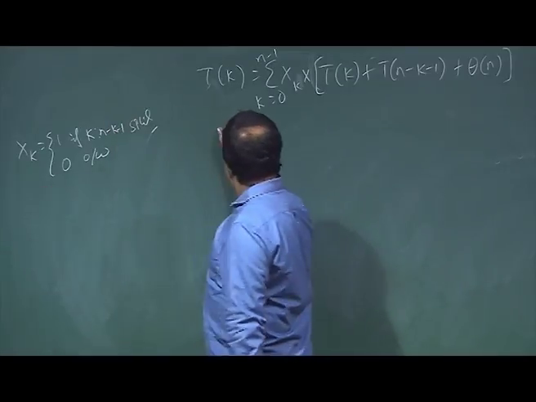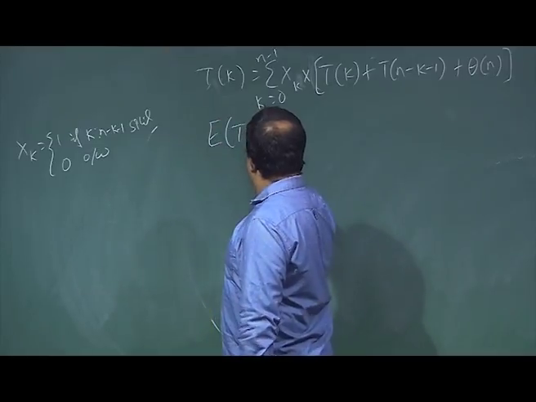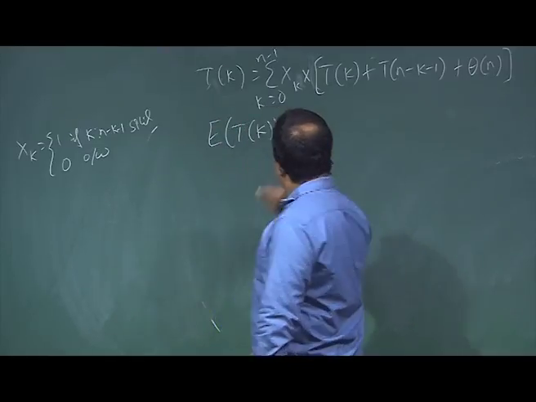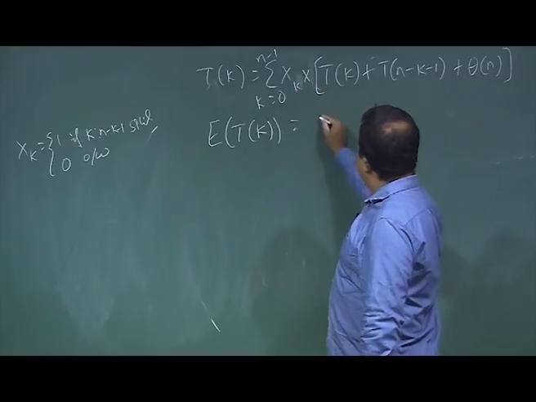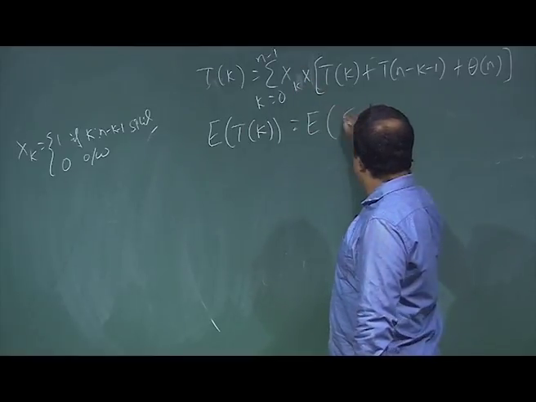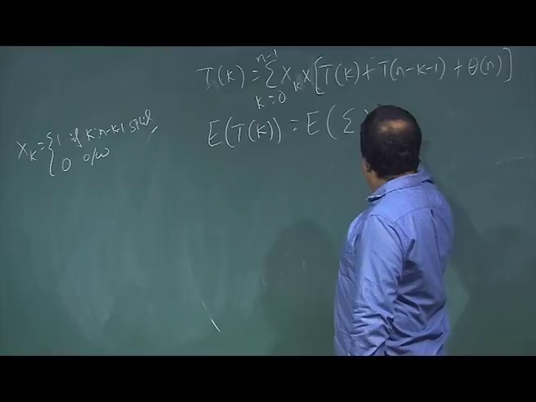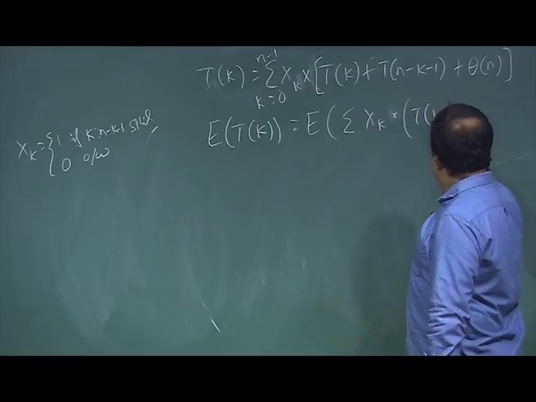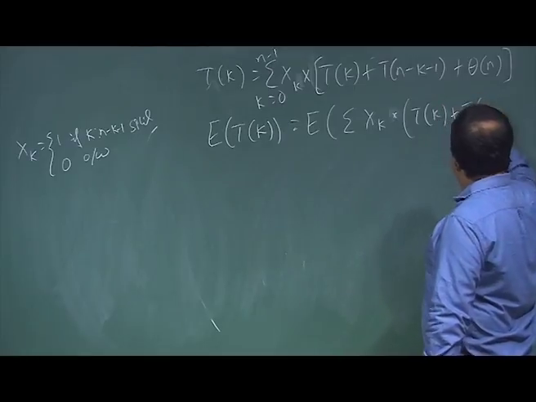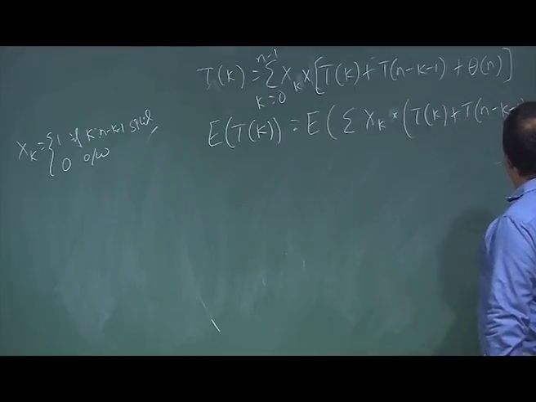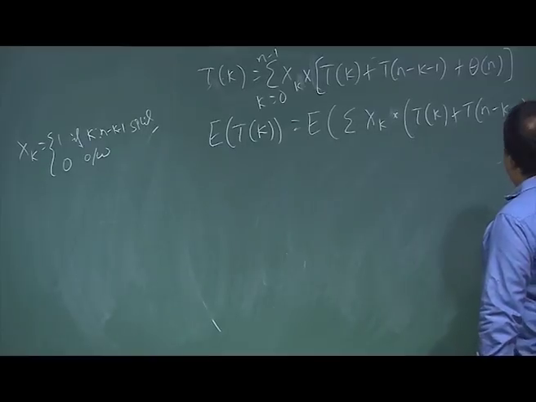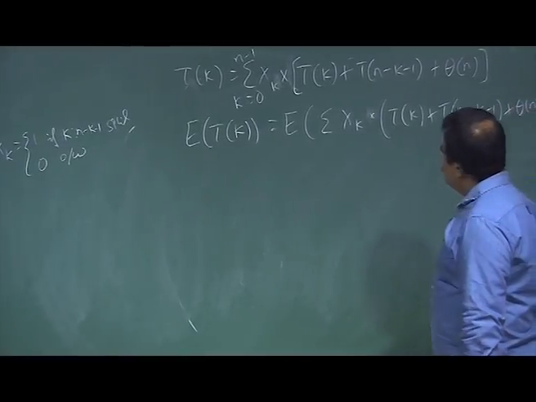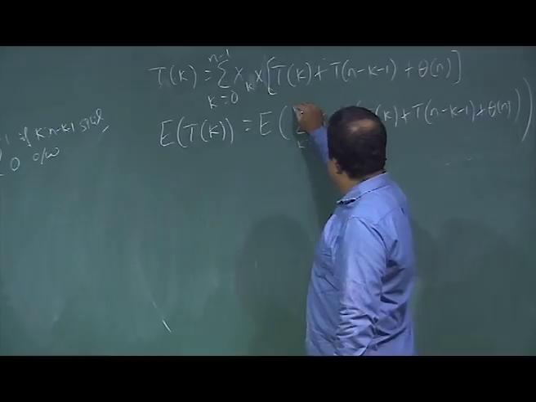Now we take the expectation on both sides. So, this is basically expectation of summation of xk into T of k plus T of n minus k minus 1 plus theta of n, where k is 0 to n minus 1.